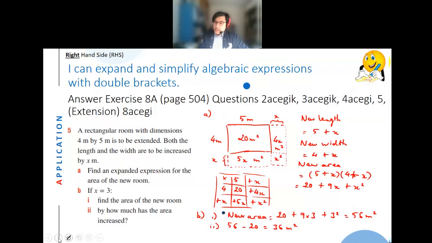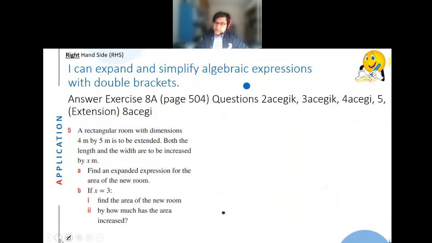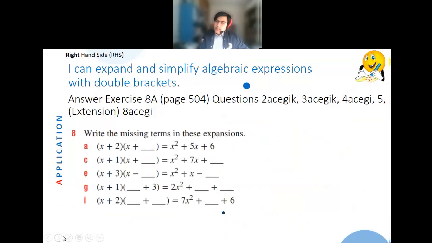And for the extension here, question 8, write the missing terms in this expansion. The way that we work this out, if you want to, you can set up the questions the way that we've been setting up our expansion.